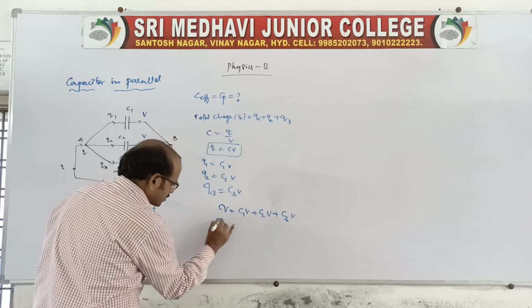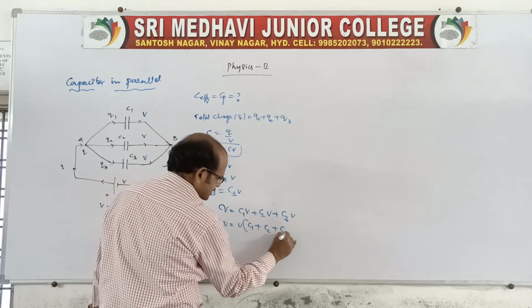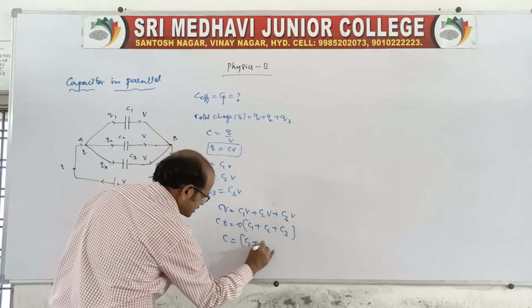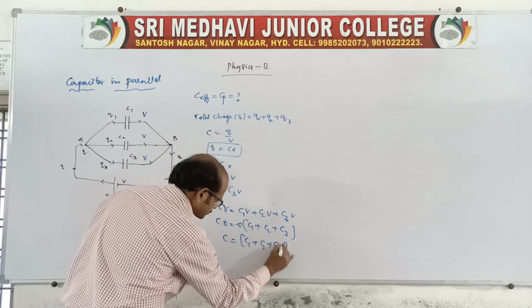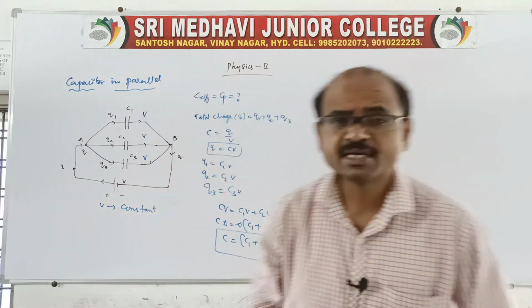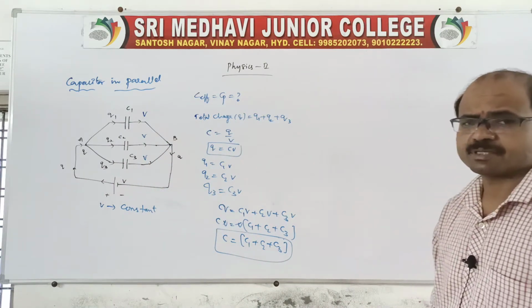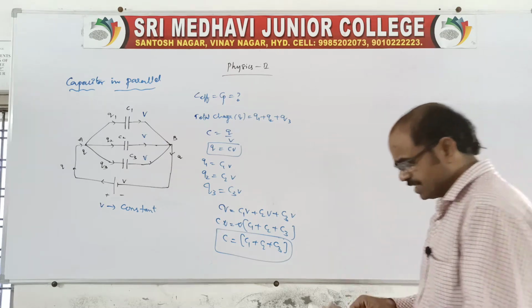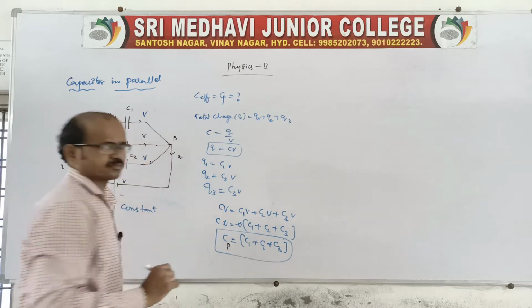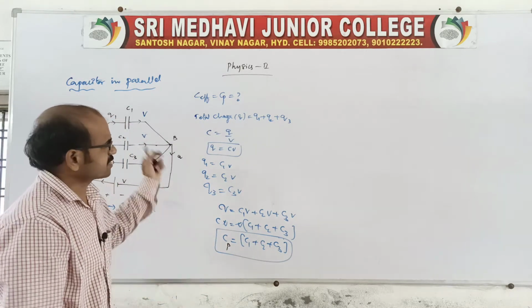Taking V common, it cancels, so C is equal to C1 plus C2 plus C3. This is the effective capacitance Cp for capacitors in parallel.